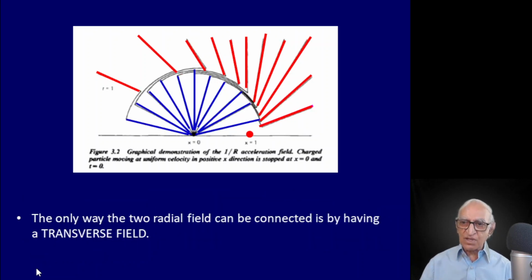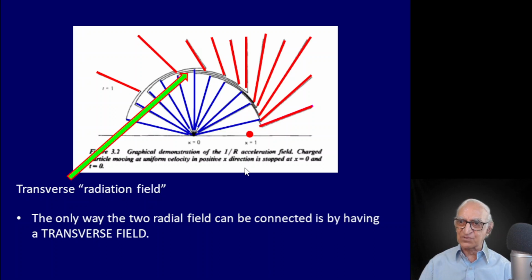Now, the only way these two radial fields can be matched or connected is by having a transverse field. And here is the transverse field. The field is radial inside, the field is radial outside, emanating from this point.